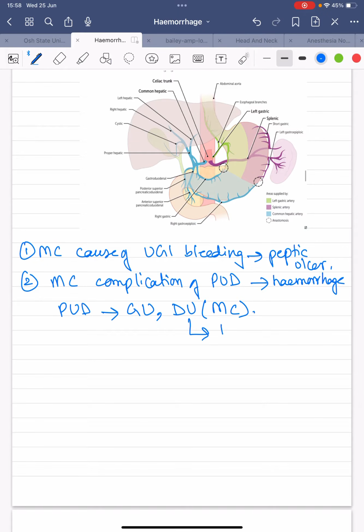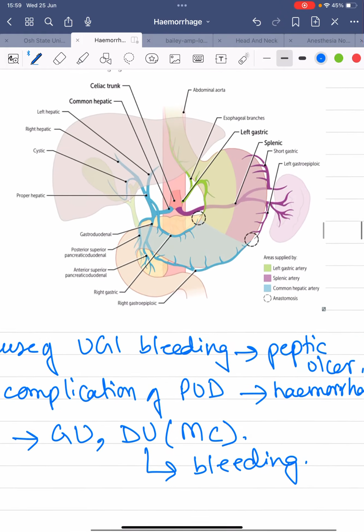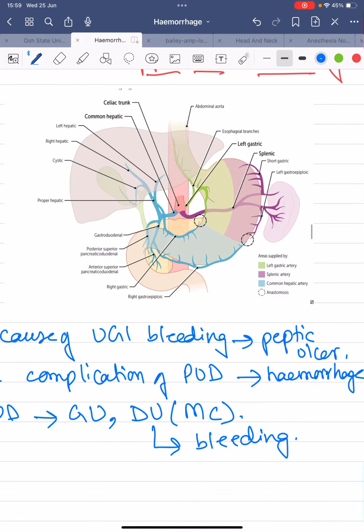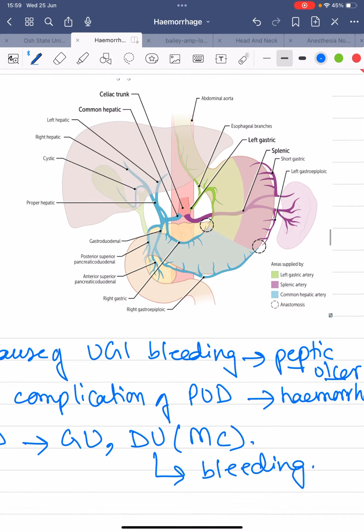Now we must understand some of the clinical correlations in relation to upper GI bleeding and peptic ulcer disease. Number one, see this diagram. This is the celiac trunk, and from the celiac trunk three branches come out.